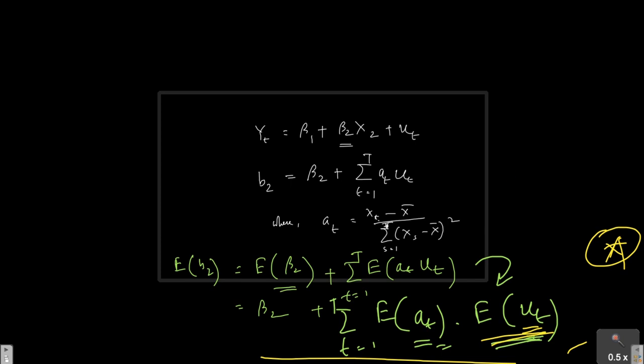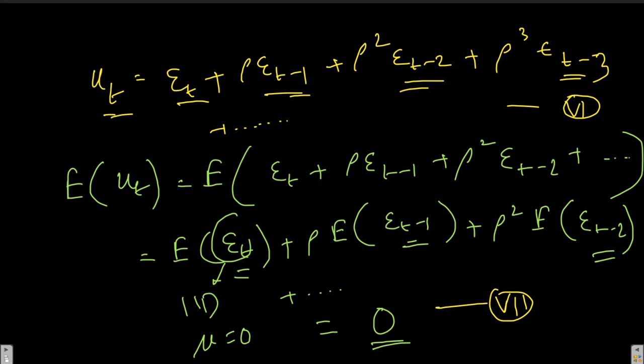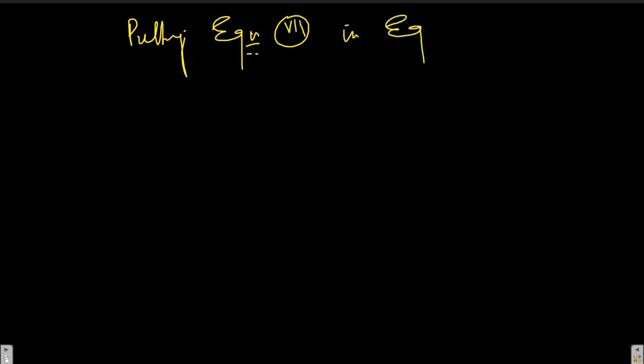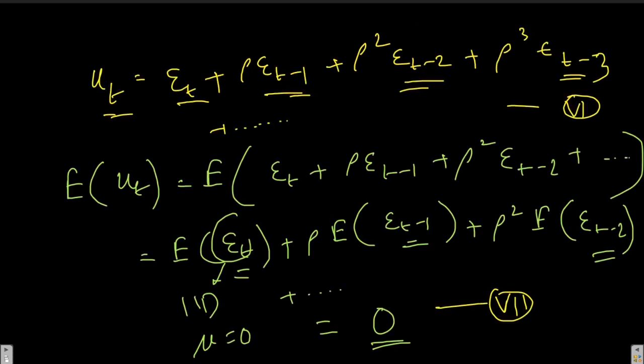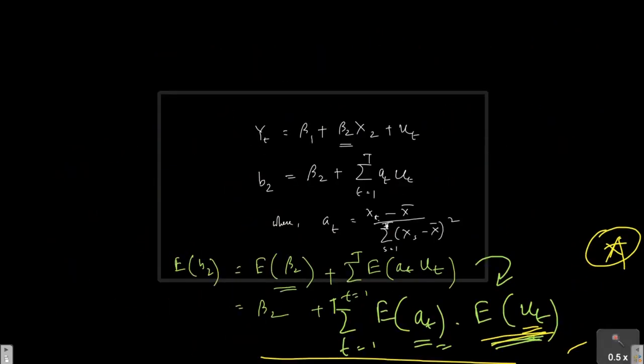Putting equation 7 in equation star, this term becomes 0, right?